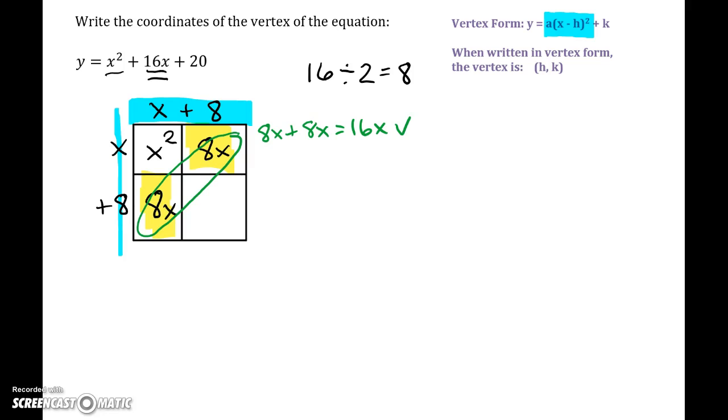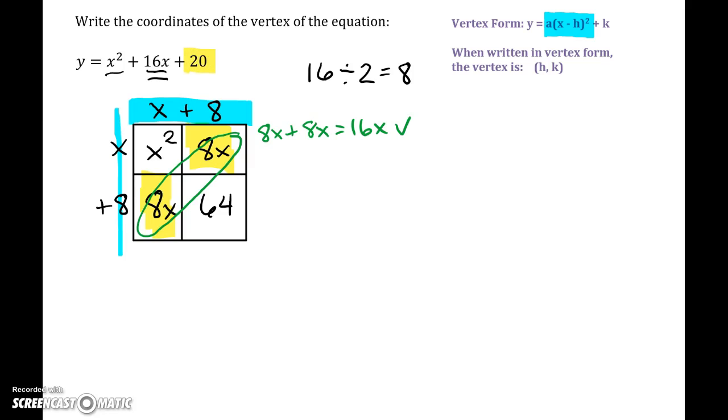Now we have to fill in the area of the bottom right-hand square. To get the bottom right-hand square, we're going to multiply our 8 by 8. 8 times 8 is 64. Now, 64 is not what we were supposed to get up here in our equation. We were supposed to get 20.